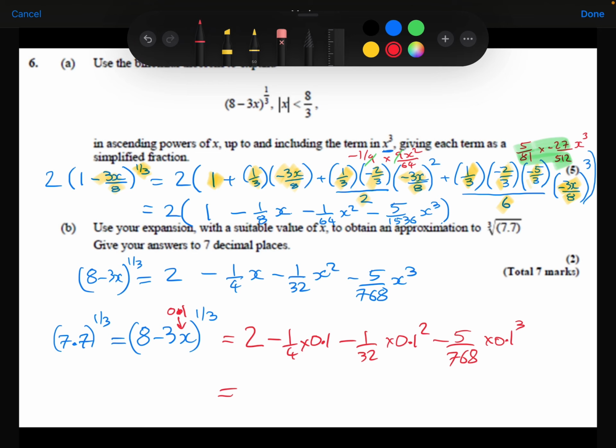Which, if I put that into my calculator and give my answer to 7 decimal places, I'll get 1.9746810. And that is my approximation for the cube root of 7.7 to 7 decimal places.